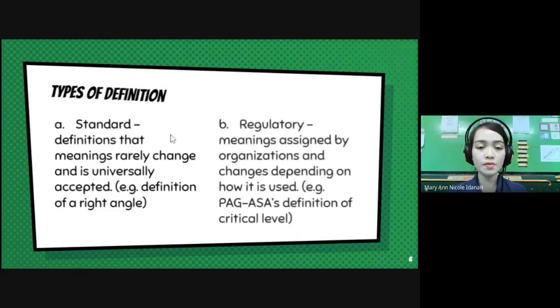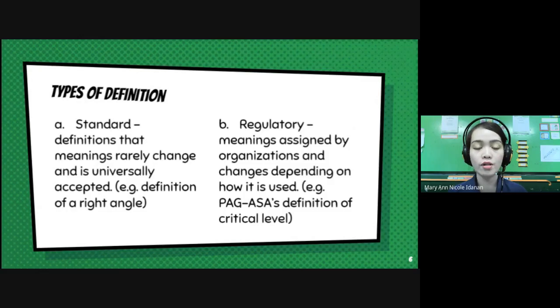Next one. We also have the regulatory. So the meanings are assigned by organizations and change depending on how it is used. For example, PAG-ASA's definition of critical level is different from the school's definition of critical level of thinking. Okay, because when we say critical level in PAG-ASA's terms, it means that there is a heavy rainfall or a thunderstorm.